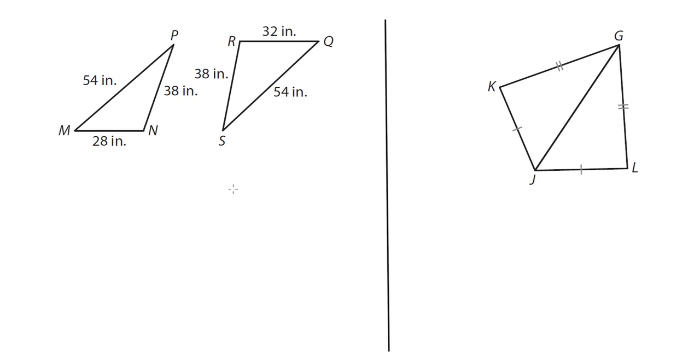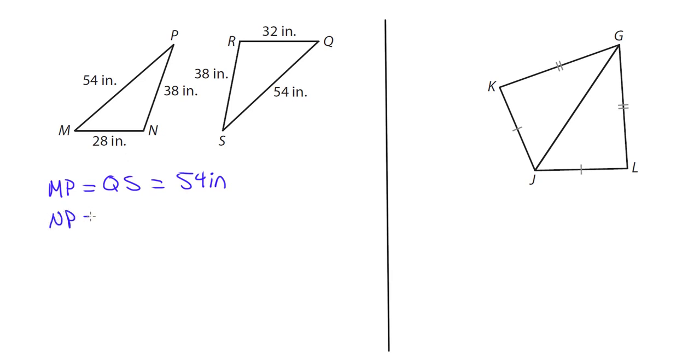So let's look at these examples and see if these triangles are congruent. So we see here that MP is 54 inches and QS is 54 inches. So MP is equal to QS, and they're equal to 54 inches. We also see that NP is 38 inches and RS is 38 inches.